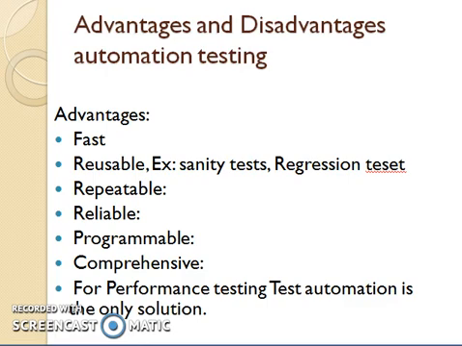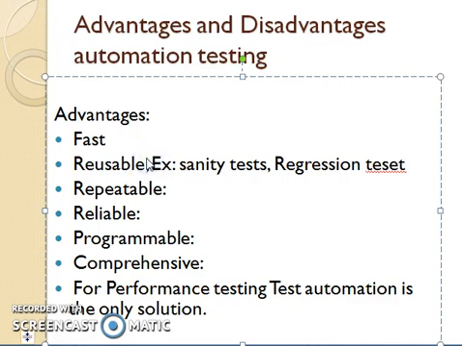Next we'll discuss the advantages and disadvantages of automation testing. Automation testing means that here we are using an automation tool or software application to test the software product. Manual testing means that the person, with his own effort, is doing the testing, but in automation he makes use of a tool to test the software.